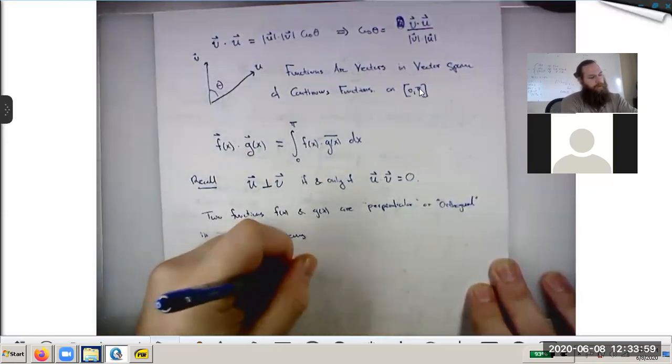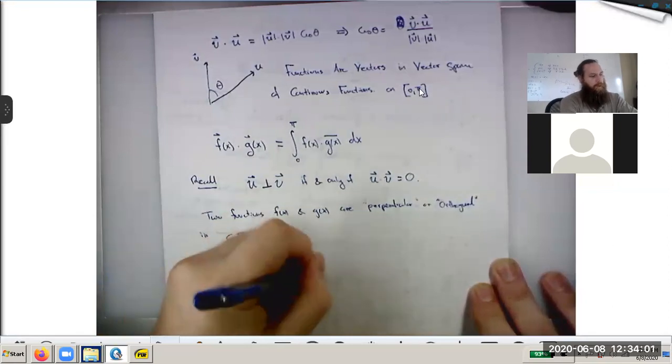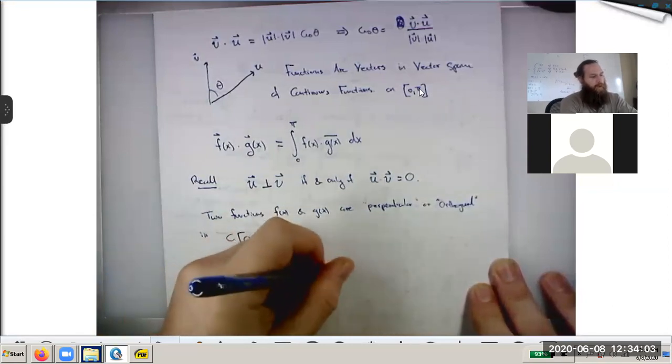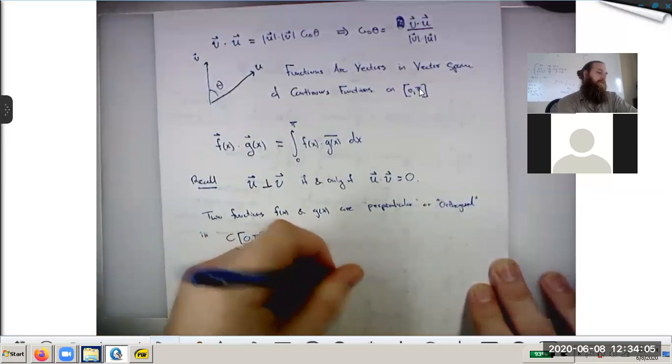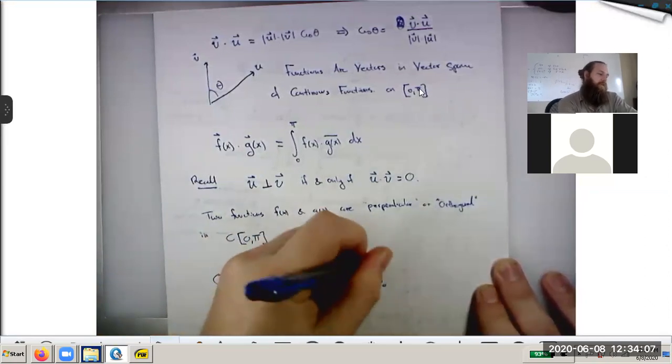But that dot product is the integral from 0 to pi of f of x times g bar. But since g is real, that's just the integral of f times g.